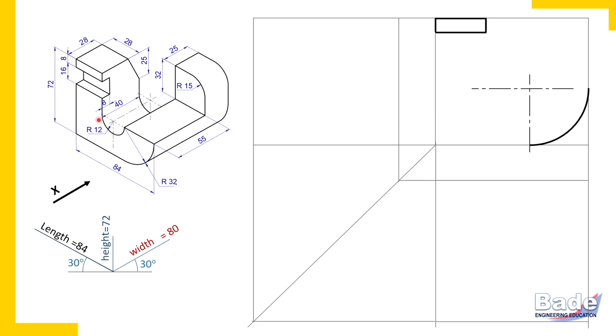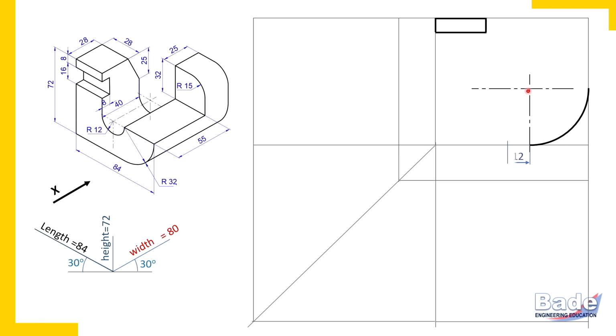Now this surface has one more curved edge. It is a semicircular edge. So let's draw this edge. Now to draw this semicircular edge, we'll have to locate its center, which is 32 plus 12 millimeters from the right end. So from the right end 32 we have already measured.